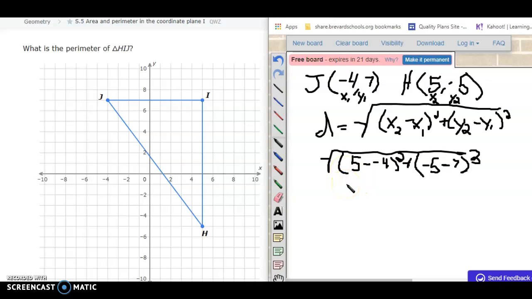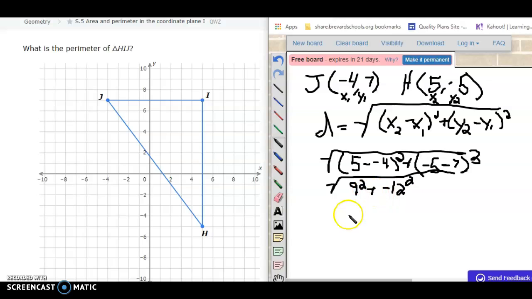Using order of operations, I need to start on the inside of my parentheses. 5 minus -4. Anytime you have two negatives, we know those change into a positive. So now I have the square root of 5 plus 4, which is 9, squared, plus, working inside of these parentheses, -5 minus 7. -5 minus 7 is -12. And I still have to square that one.